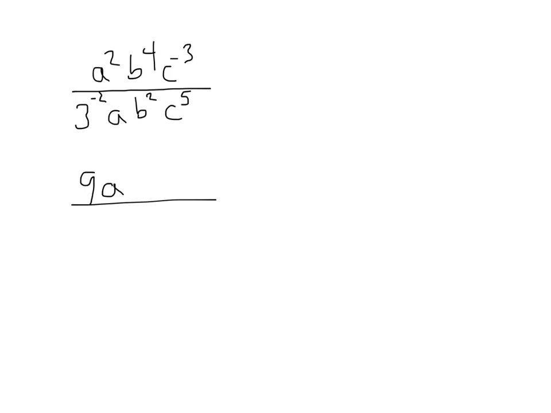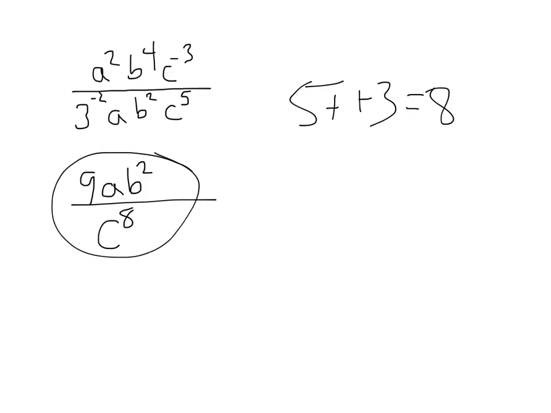I have b to the fourth over b squared, so 4 minus 2 gives me 2, so I get b squared. And then I have c to the negative third over c to the fifth. Well, 5 is the larger one, so 5 minus negative 3 gives me 8. So I get c to the eighth in the denominator, and I am all set with my answer.